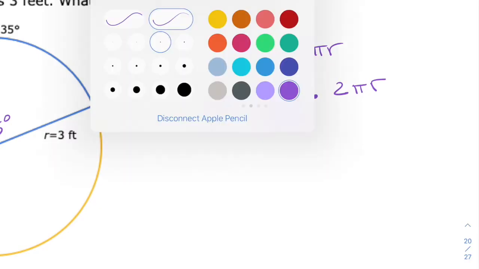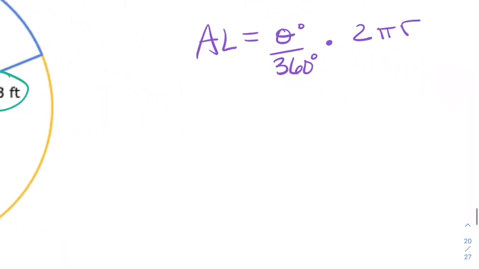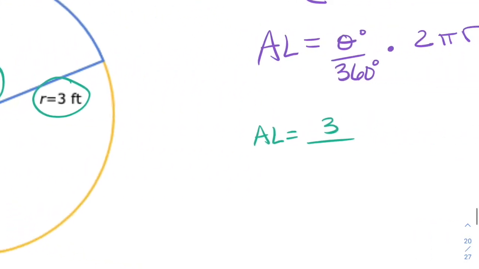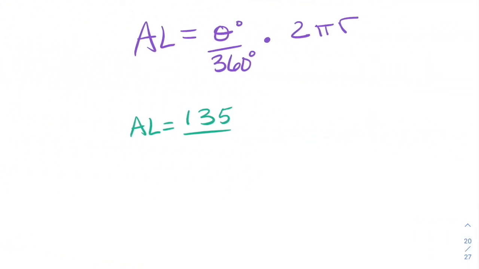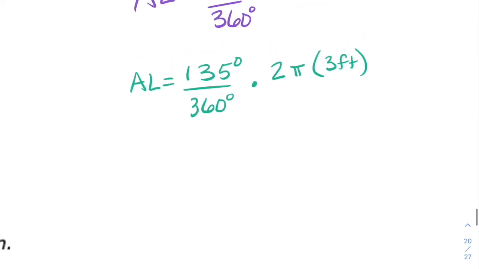So for this first problem, we have radius is 3, and we have the degree measure is 135. So let's actually do the math here. Arc length equals 135 out of 360 degrees times 2 pi, and we have 3 feet. All right, now 135, we can either try to simplify this before or after.